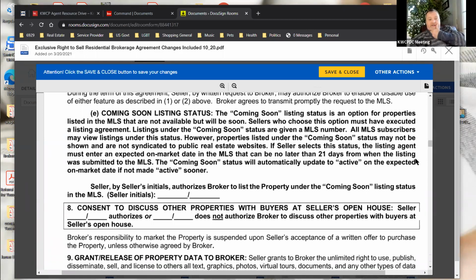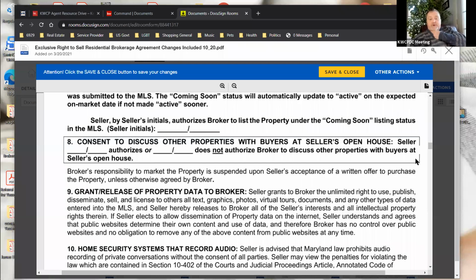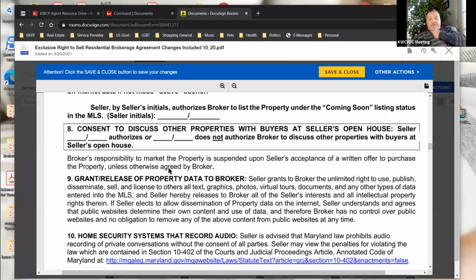Okay, so that's the coming soon. All right, consent to discuss other properties with buyers and sellers at open house. So seller authorizes or does not authorize the broker to discuss other properties with buyers at seller's open house. So this is a question that will come up and is probably likely to happen if you're going to hold an open house.